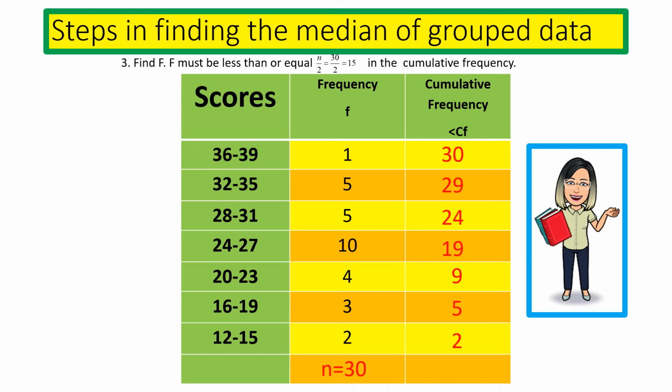So it must be less than or equal to 50. Since N is 30, 30 divided by 2 is 15. It must be less than or equal to 15 in the cumulative frequency. So what is our capital F? Our capital F is 9.